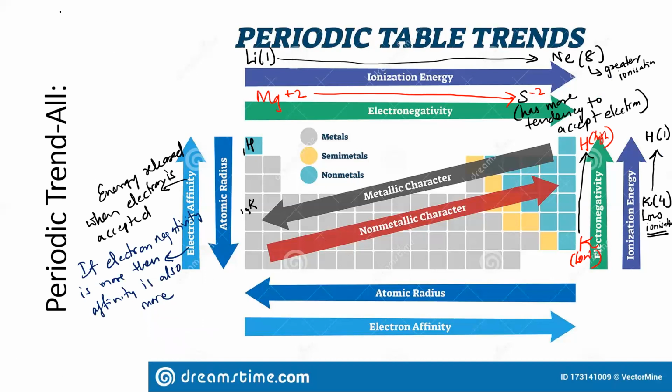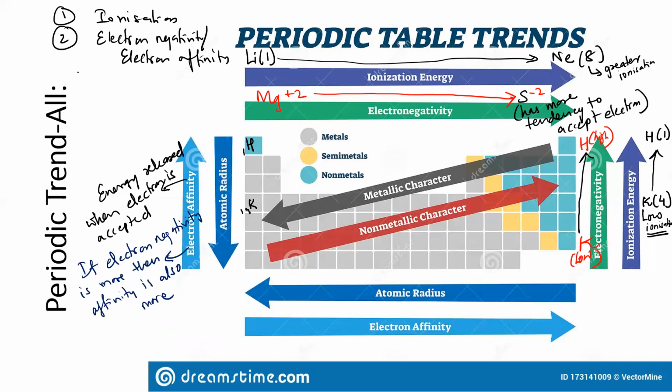These are the basic understanding we need for our periodic trend. So 4 things you should know here. One is ionization. Two is electronegativity, and with that, electron affinity, because both have a similar trend. And third is atomic radius.